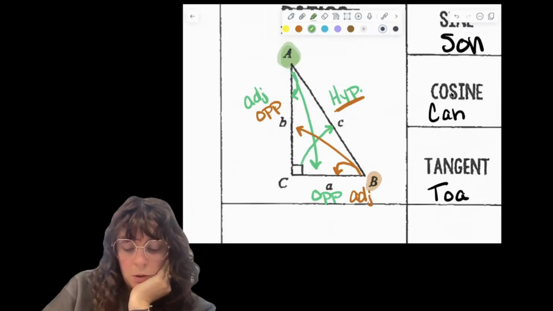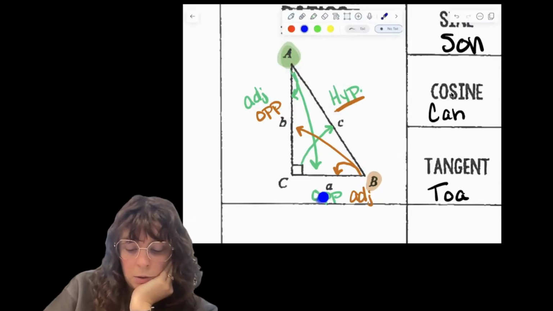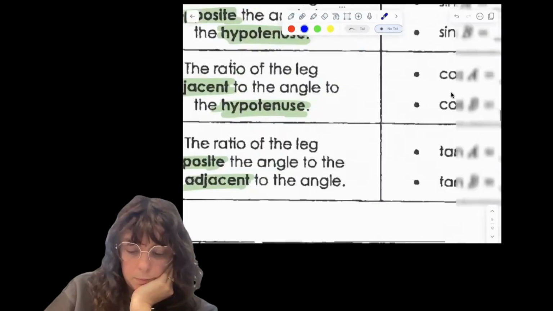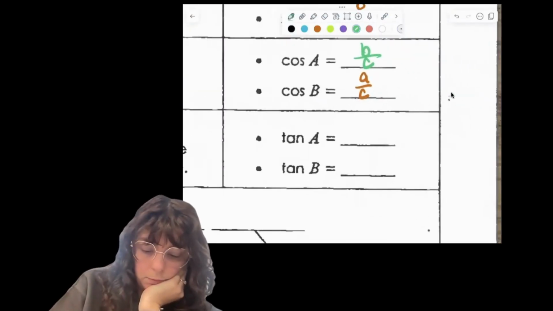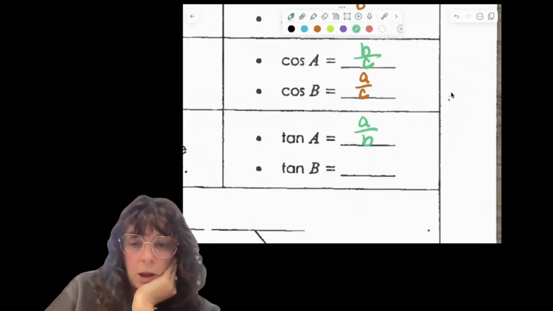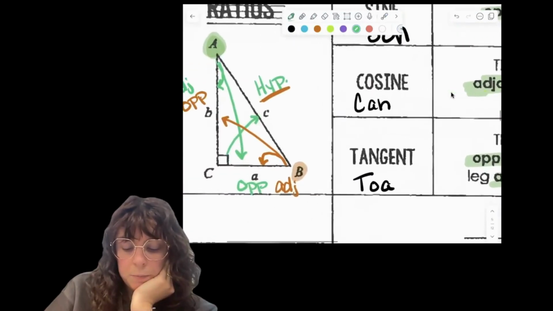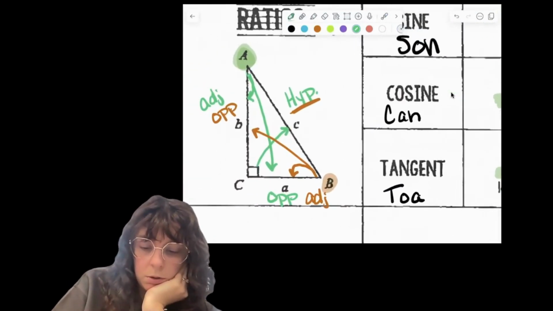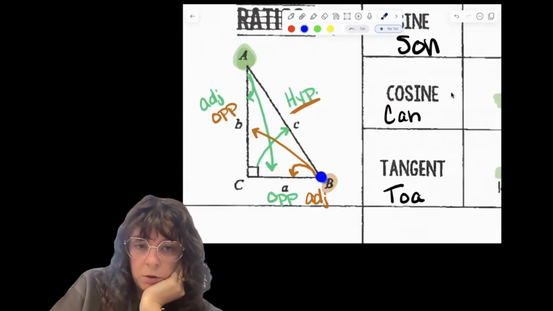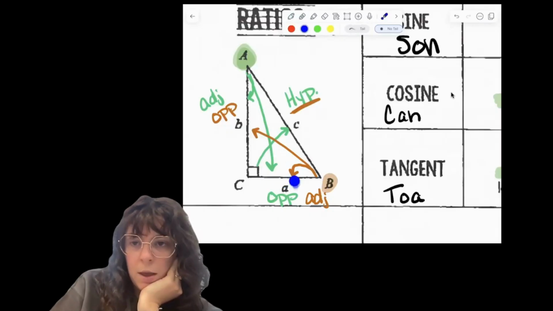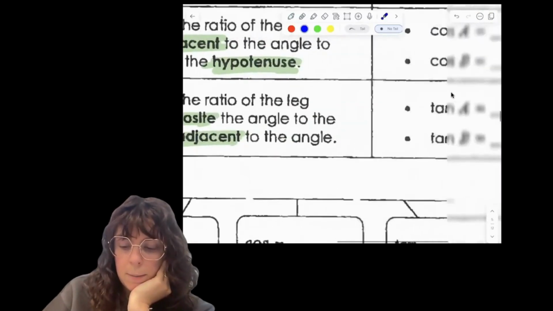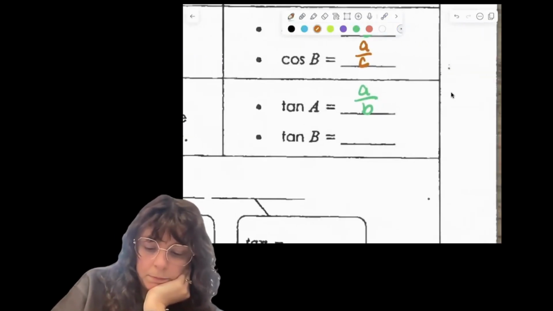The opposite is A, and the adjacent is B, so it's A over B. For the tangent of B, angle B is here, so the opposite is B over the adjacent, which is A. So B over A.